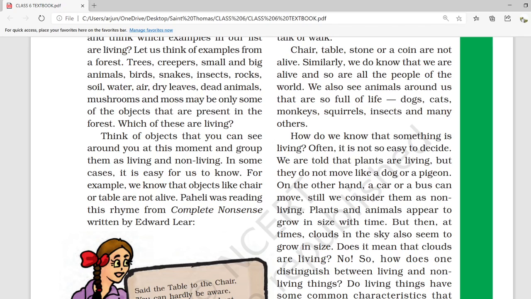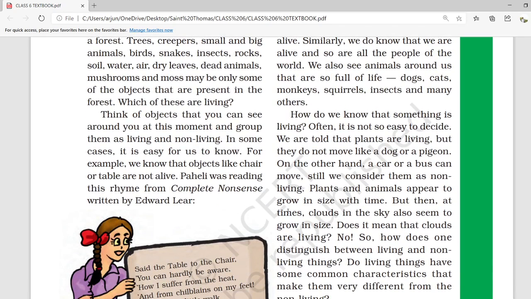How do we know that something is living? Okay, so if someone asks you how you can know that this thing is living or not, then which are the key criteria you are going to see for a living being or a living thing?